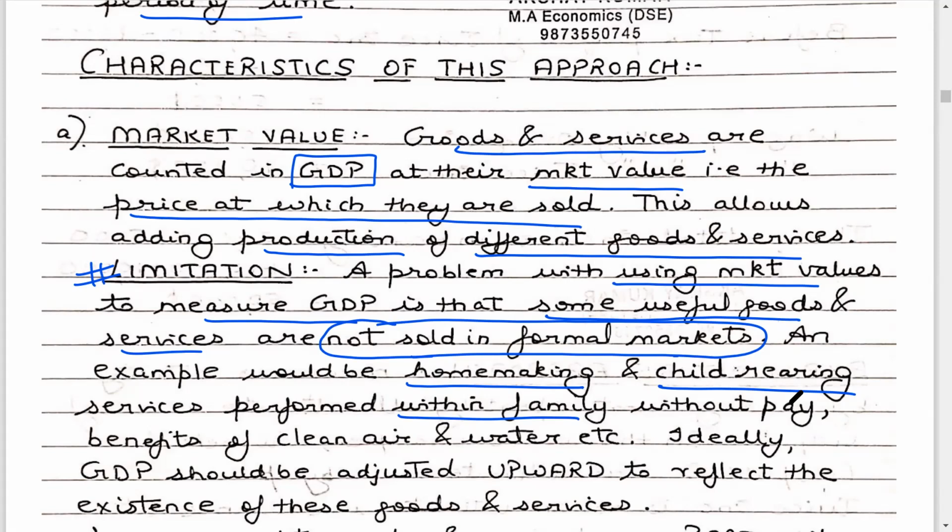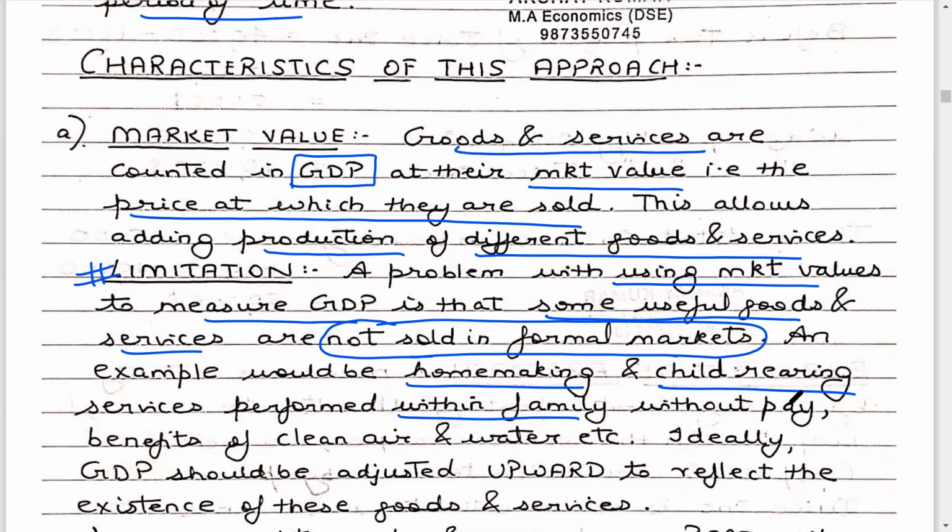But these are again services which are done out of love and affection. Your mom, your dad, your brothers, sisters are not asking for salary for their services towards you. But there is no market for this, so these are not a part of the economic activity, although they should be a part of economic activity.